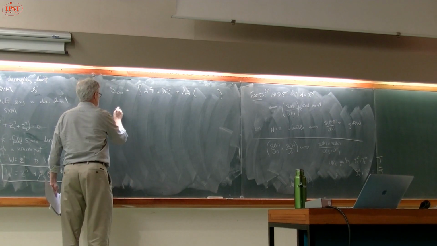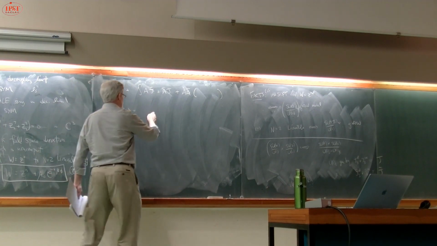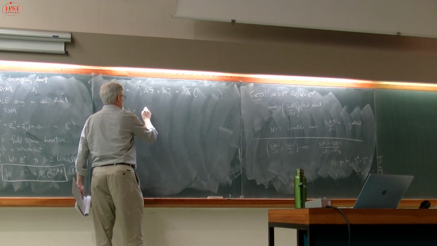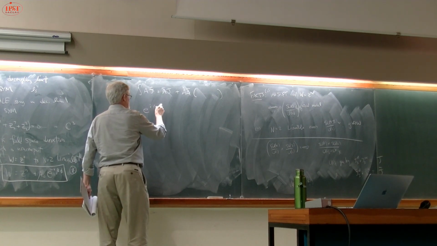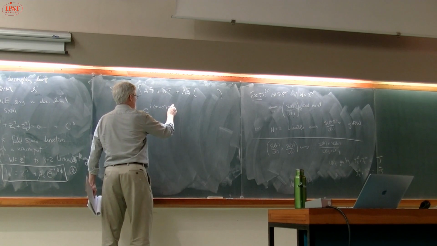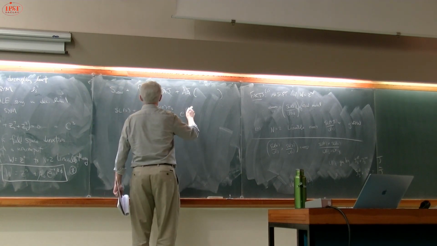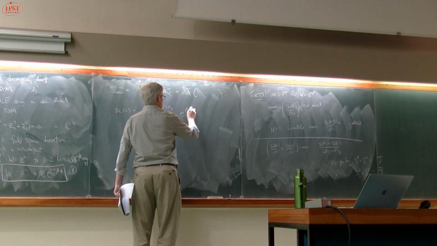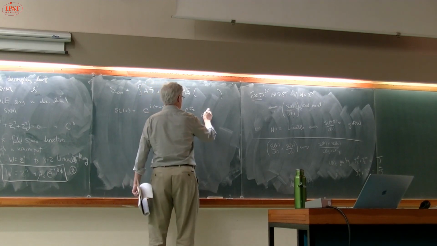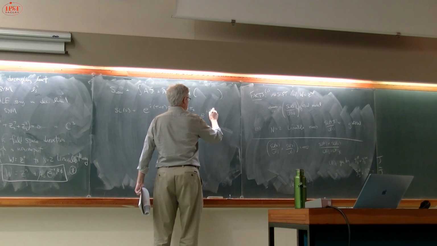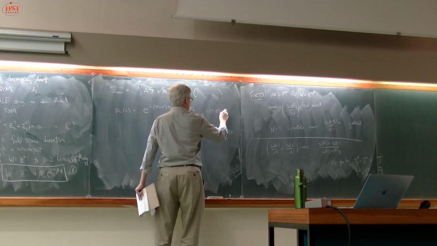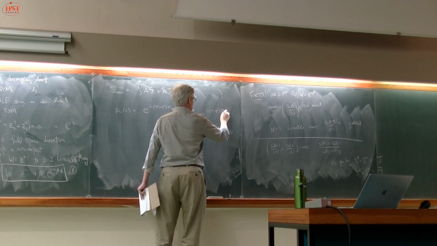So SL2 can be written in so-called Euler angles, e to the i (tau plus sigma) sigma 3, e to the rho sigma 2, e to the i (tau minus sigma) sigma 3 over 2.